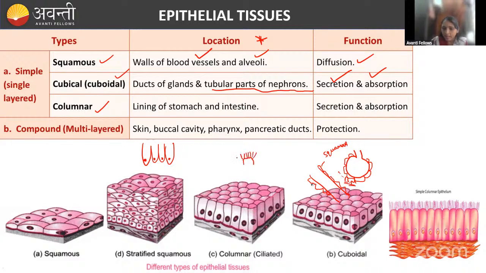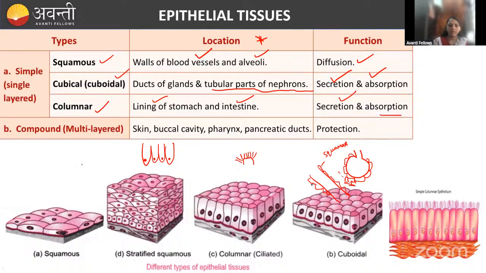Mainly, it helps in the absorption. Okay. Yeah, villi, Chandana. Very good, Chandana. Yes. This villi mainly helps in absorption. Just remember, guys, the columnar epithelium is present in the lining of the stomach and in the intestine. Okay, what is the main function? I have told you, secretion and absorption mainly.